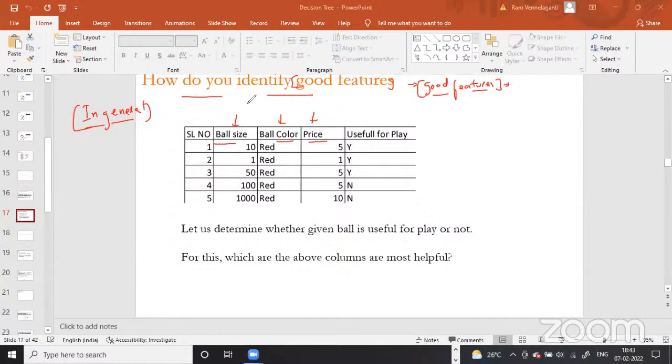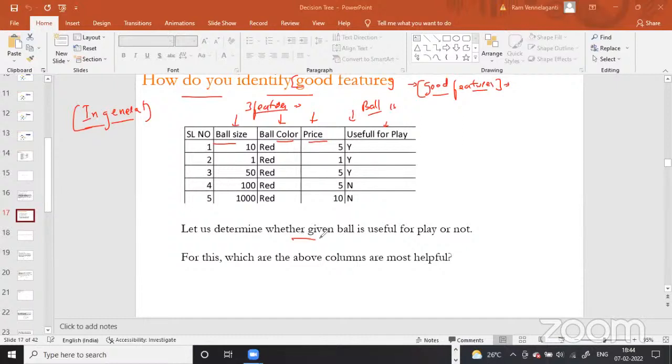Which among these three features are important for us to find out whether the ball is suitable for play or not? Which among these can give us the information about whether the ball is useful for play or not? That is the question.